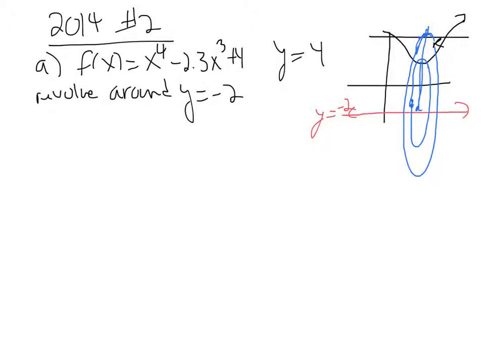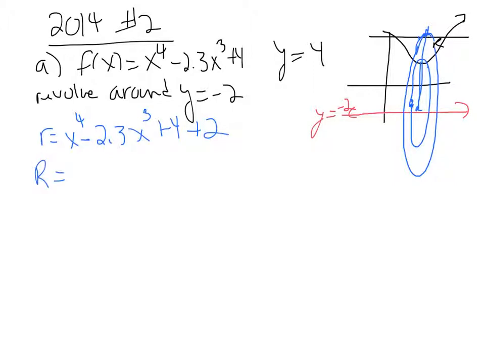Okay, so little r is the distance from this curve to y equals negative 2. So it would be the area under here, right from this curve to the axis, plus this extra 2 business. So little r is x to the fourth minus 2.3 x cubed plus 4, and then plus 2, because that's the extra space.